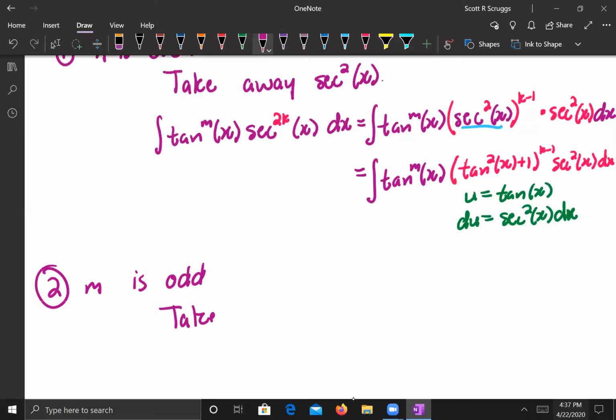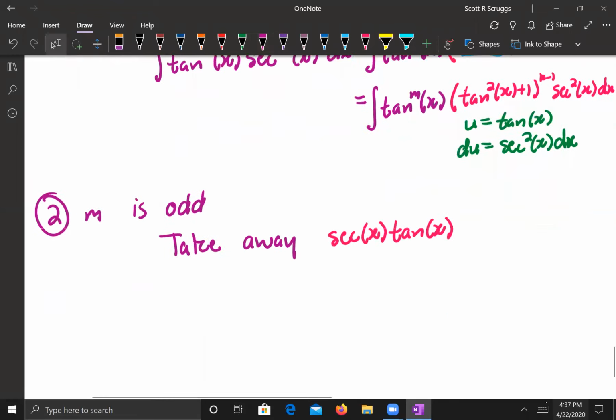We're going to take away again, but this time we're taking away a secant of x, and we're taking away one tangent of x to go along with it. So what that looks like is we altered our integral to be, let's replace that with 2k plus 1 for reference for odd.